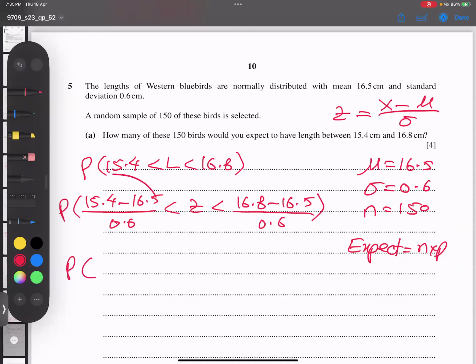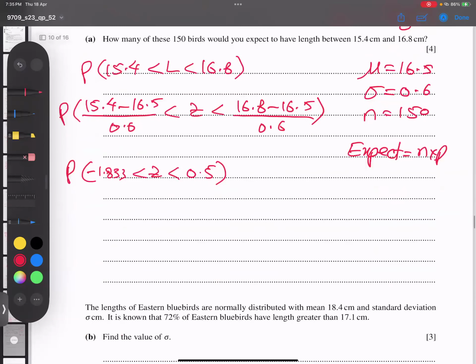And if I type this in the calculator, let me type and check. Yes, it is coming negative because it's bigger. So negative 1.833. And this other number is coming positive, and that is 0.5.